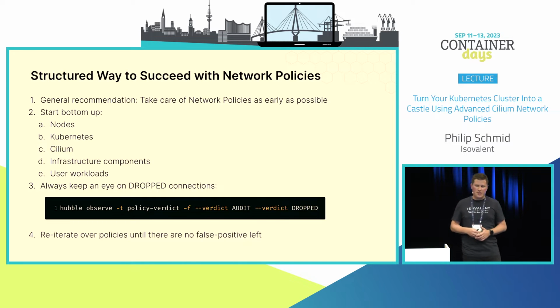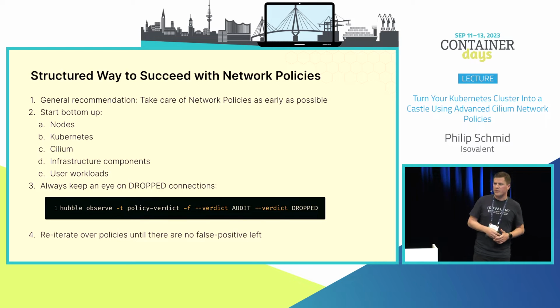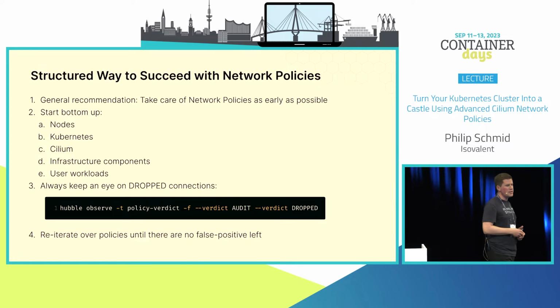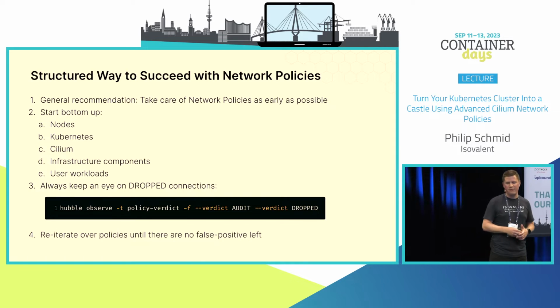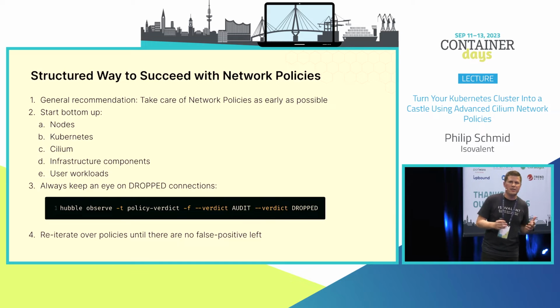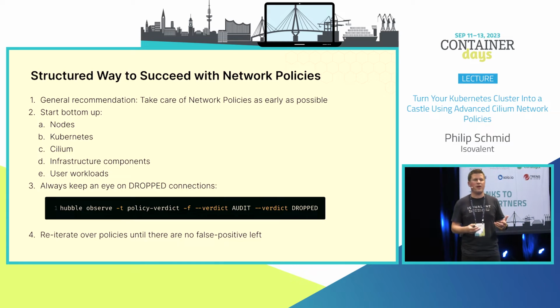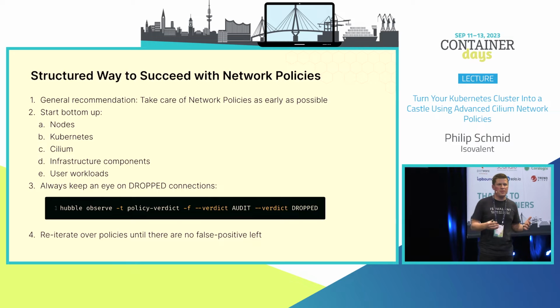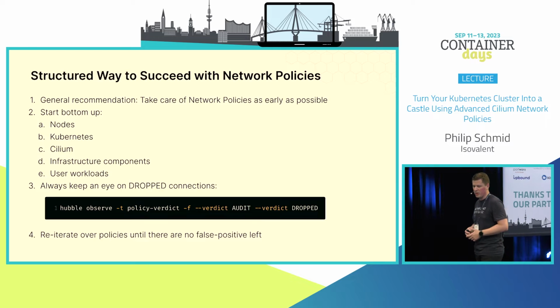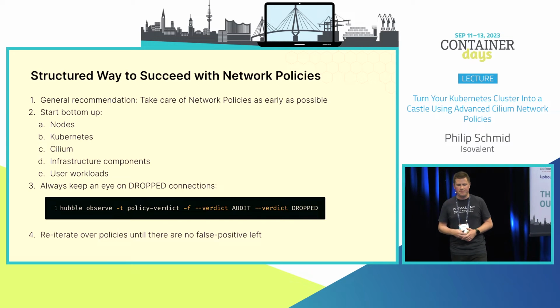While doing this, it's always a great recommendation to keep an eye on the network flows that are happening within your cluster. Cilium Hubble is a great tool for doing this, because with Hubble, you can easily filter for audited or dropped flows. This helps you identify false positives or wrongly configured network policies within seconds.